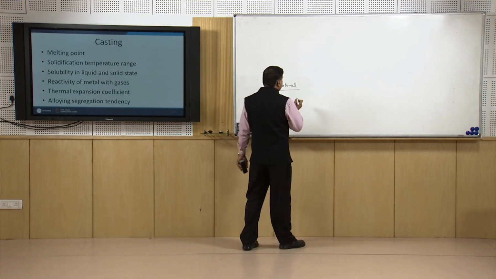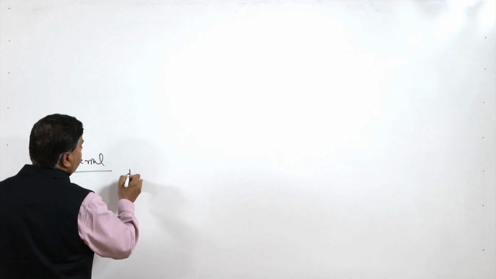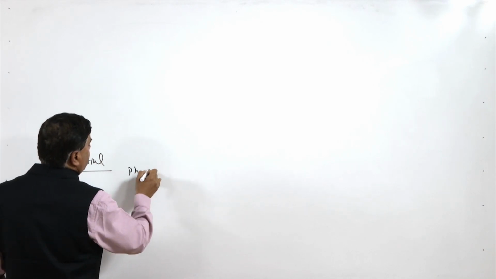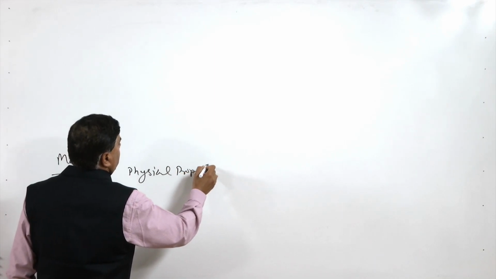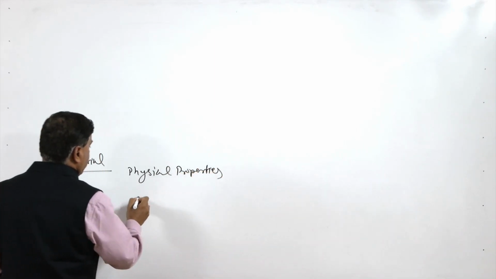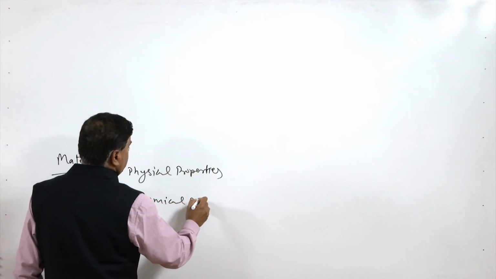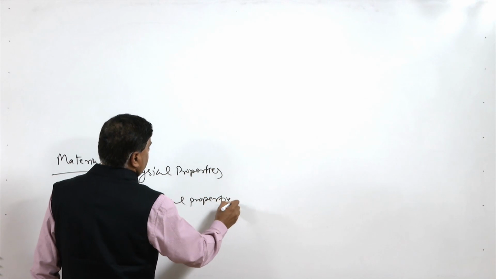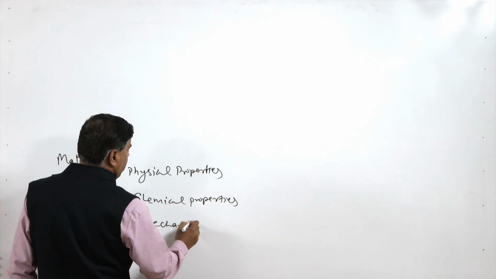So, the material possesses different physical properties, there will be different chemical properties, and they will be having different mechanical properties.